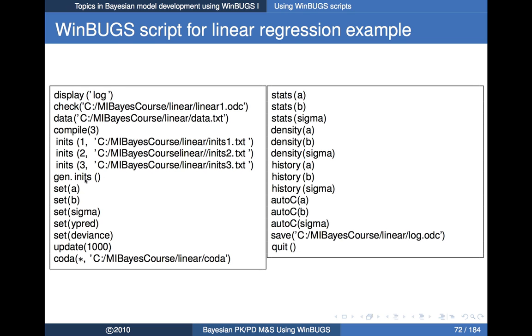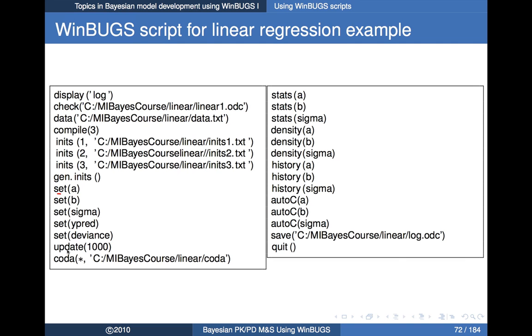So generally I would by default include that in there. Then you have to tell it which parameters you actually want to monitor. So you go ahead and put those parameters in there, and you use the set command for doing that, and then the name of the corresponding variable.